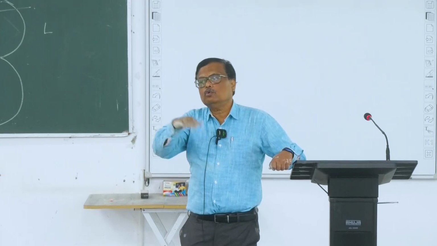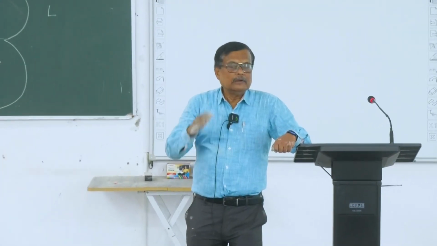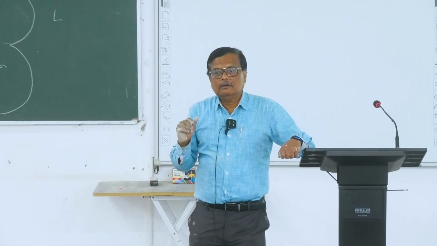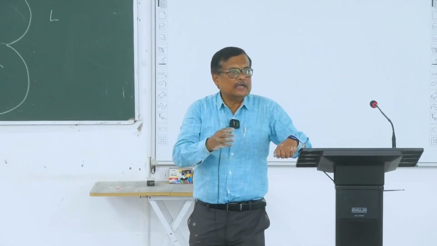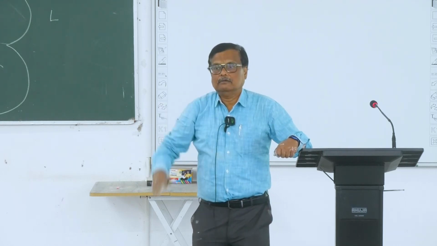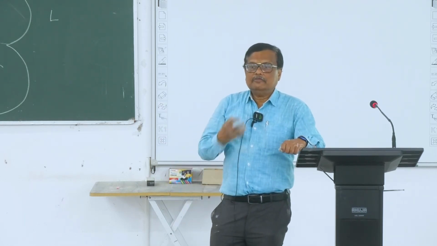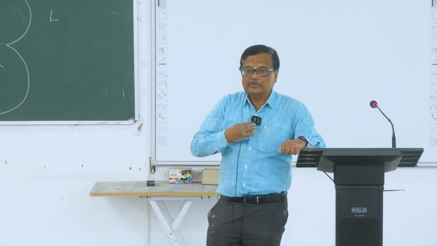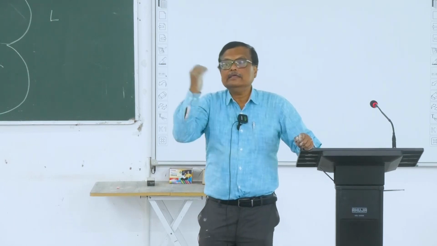Right atrium has got no communication with the left atrium. Right ventricle has got no communication with the left ventricle. But if it is there in the fetus heart, the fetus will die immediately.